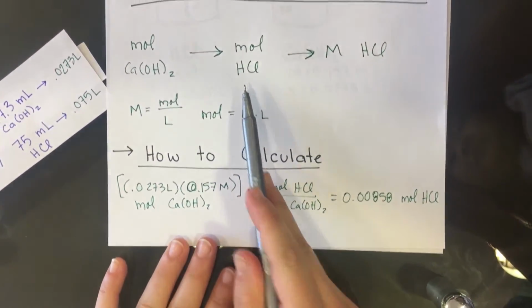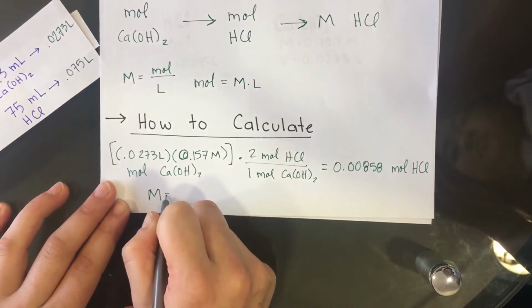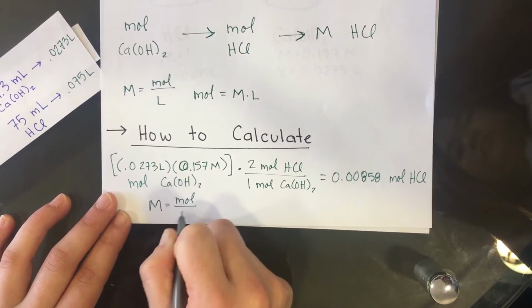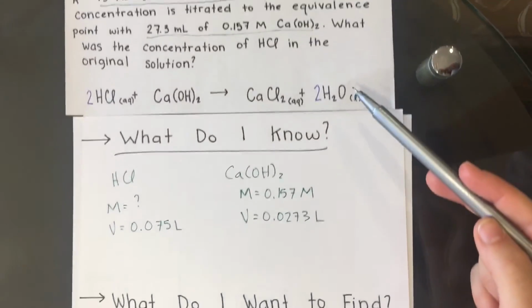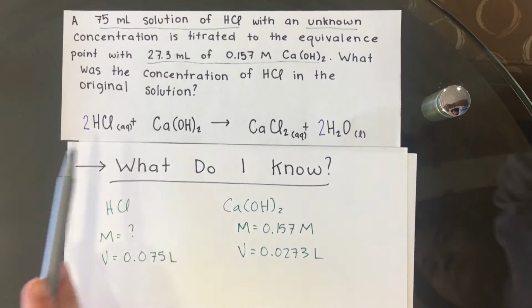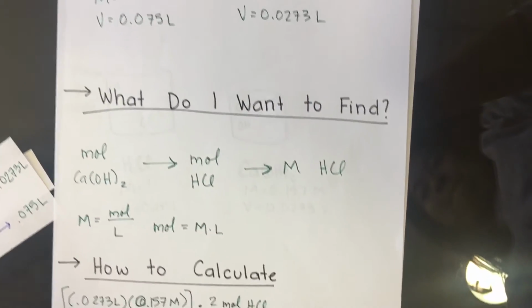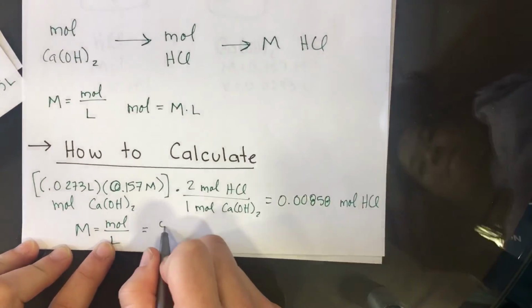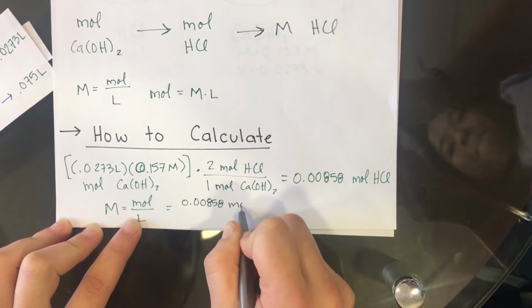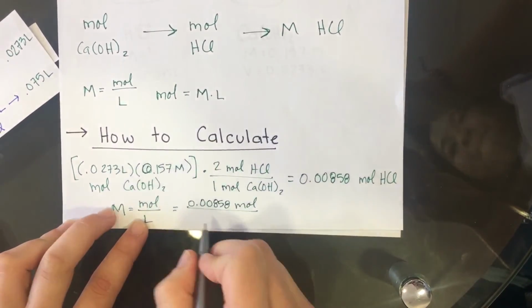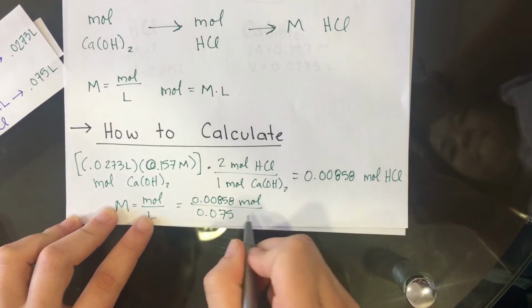Now, we've gotten to this step, and what we need to do is find molarity. Molarity is equal to moles over liters. The question asks for the concentration of hydrochloric acid in the original solution. So we have 0.00858 moles of hydrochloric acid over the liters that we were given, 0.075 liters.